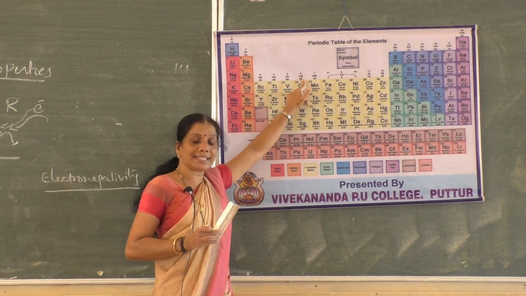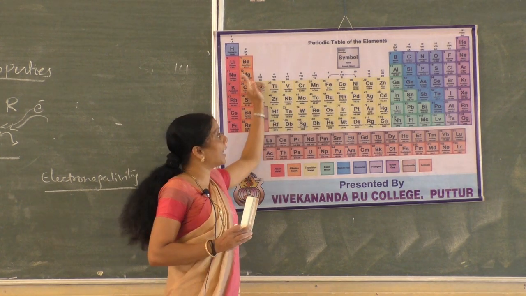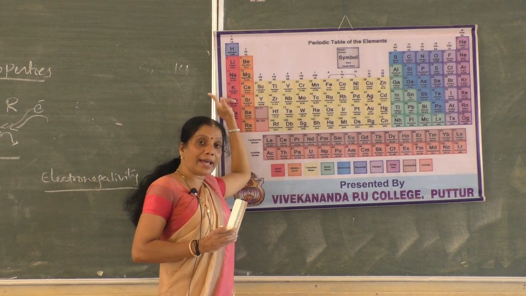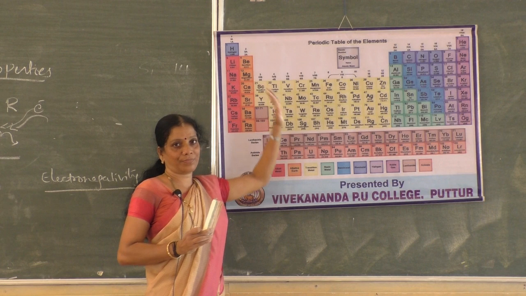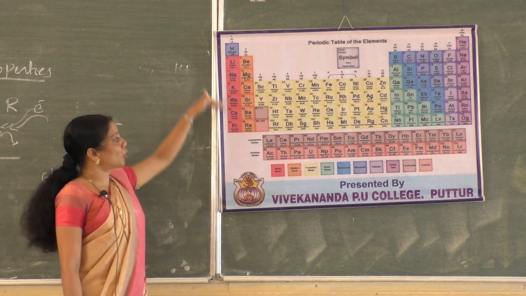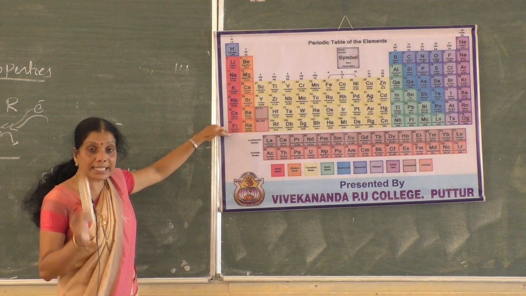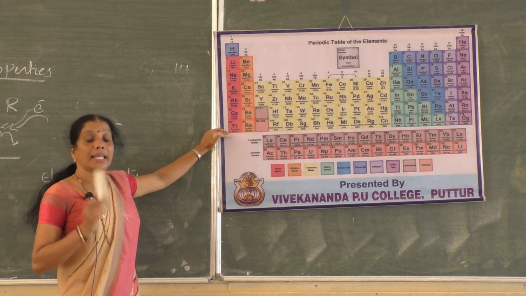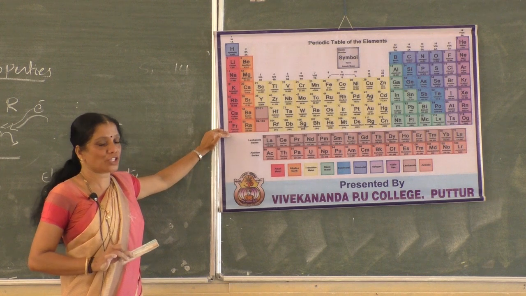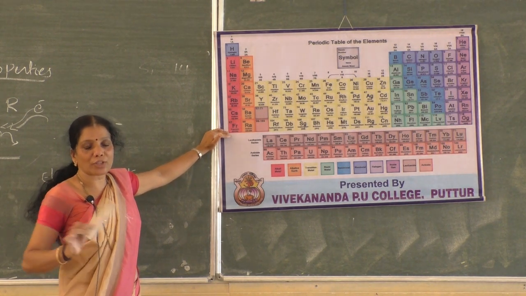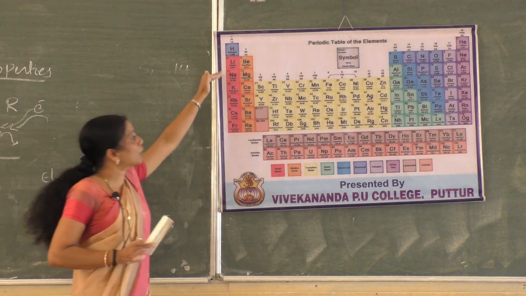Metallic character always decreases along the period from left to right. Clear? Down the group, metallic character increases due to increase in the atomic size and decrease in the nuclear force of attraction. Loss of electron becomes easier.